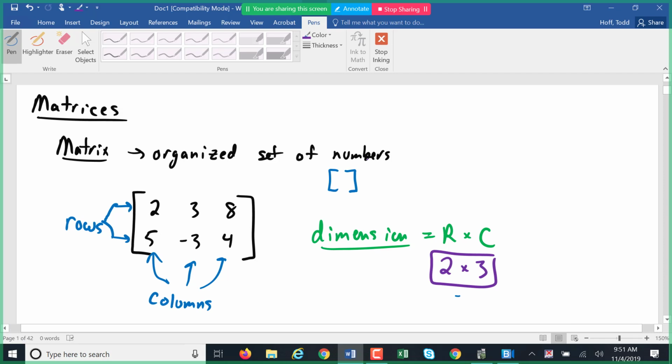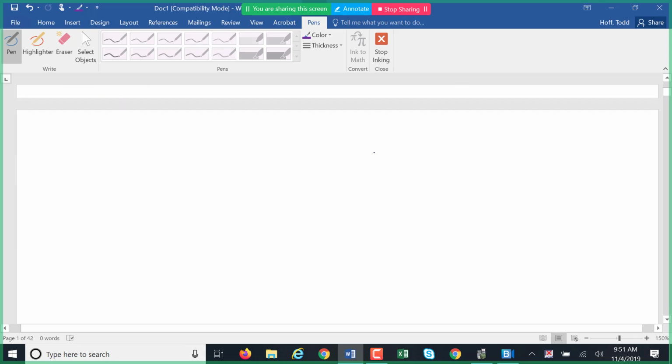Because the numbers in these matrices are locked in a position, we can use them to represent more complex mathematical constructs and leave out a lot of the stuff that kind of gets in the way. For example, we might have a system of equations: 3x minus 2y equals 16 and 2x plus y equals -1.